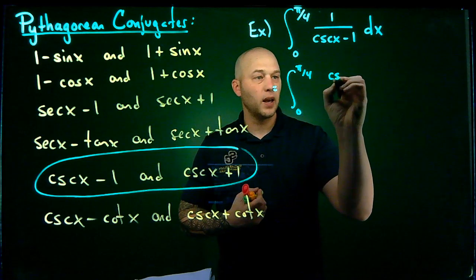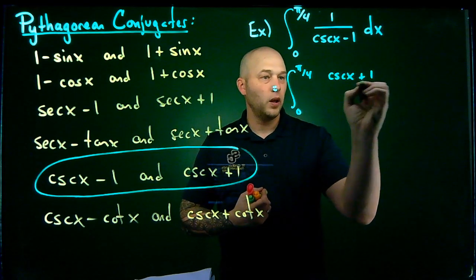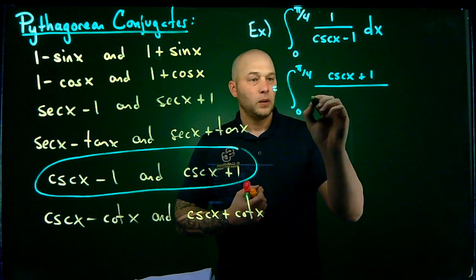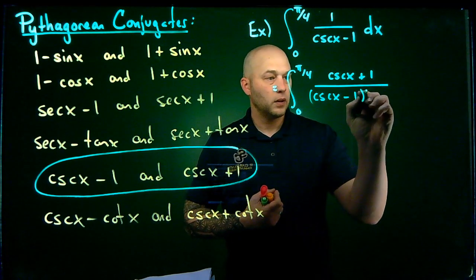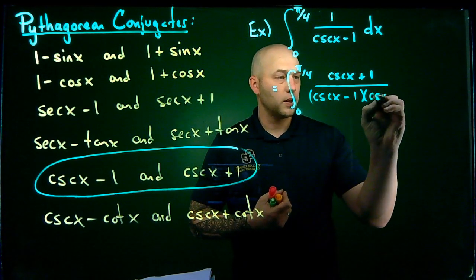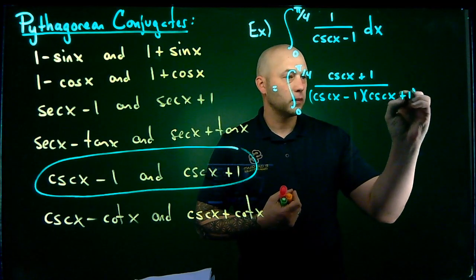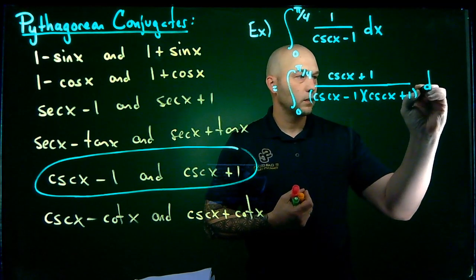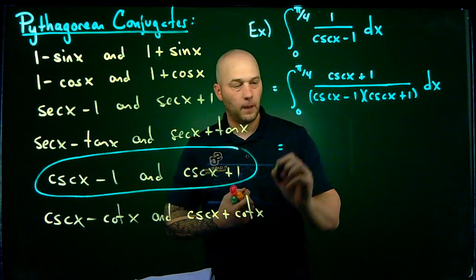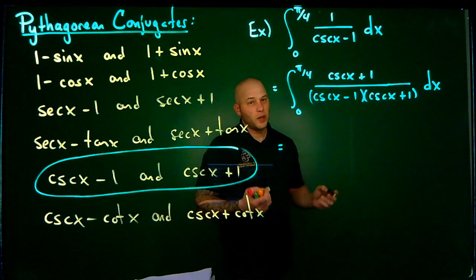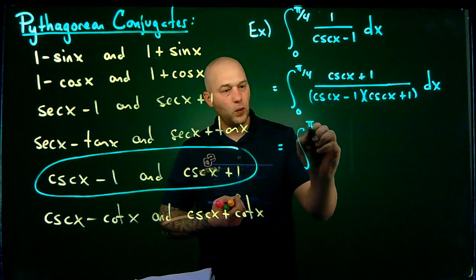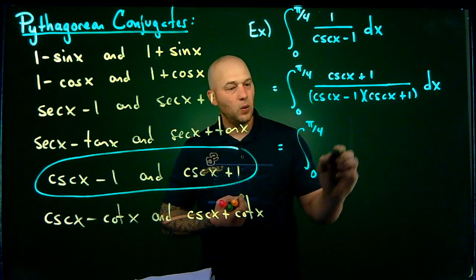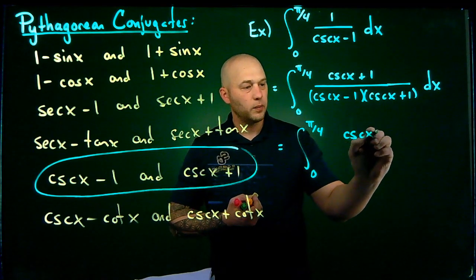So I get the integral of cosecant of x plus 1 over cosecant minus 1 times cosecant plus 1 dx. And of course there's nothing to do on the top, so we'll leave that alone for the moment. So pi over 4, 0, cosecant plus 1.